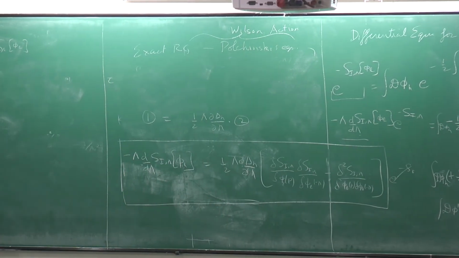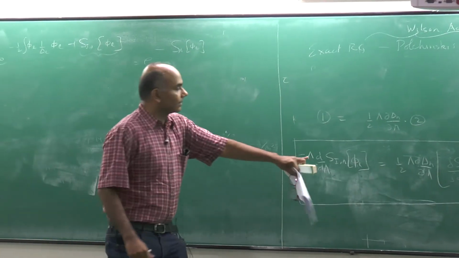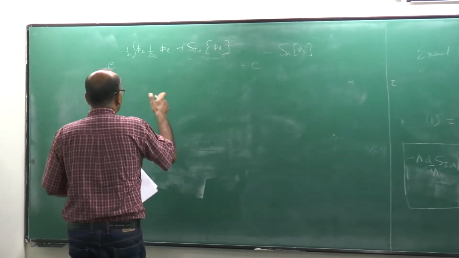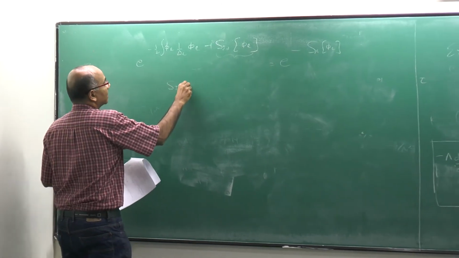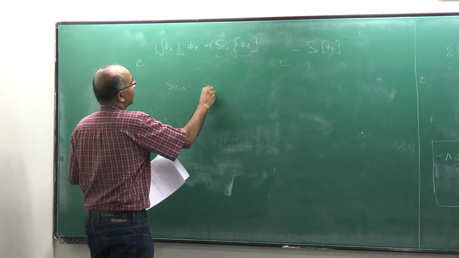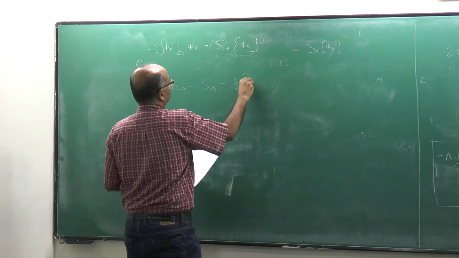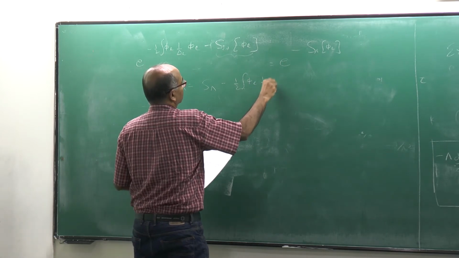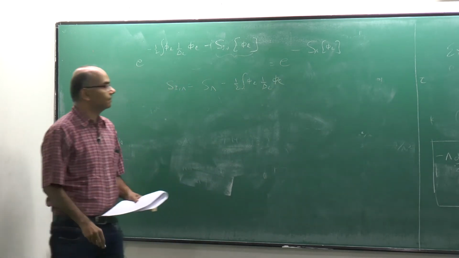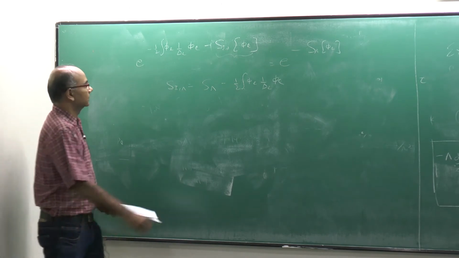So let me do the following. Let's write Si lambda as S lambda minus this part. So everything is fine.